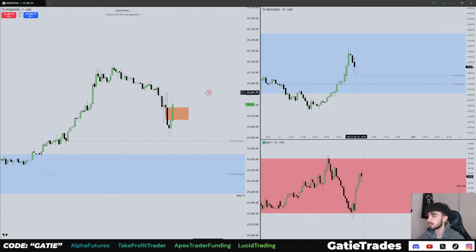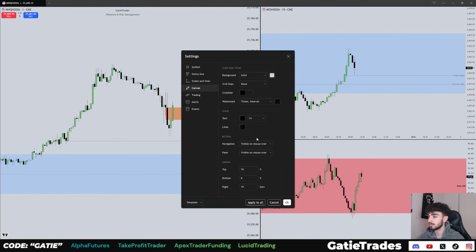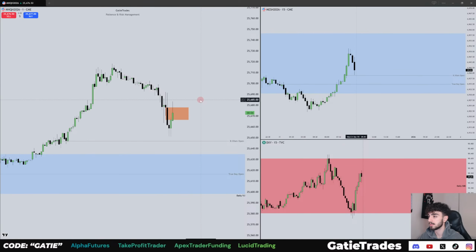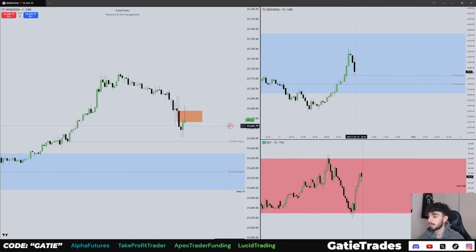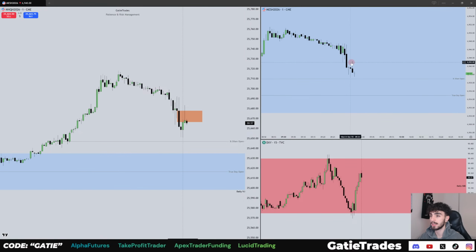Seven points. I don't know the risk. I'm not able to calculate it fast enough. Now, see how ES is going lower though? See how that's like a red flag? This is probably gonna go lower.